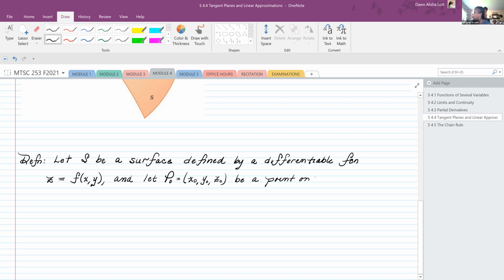I don't know why I said on, it should be in. And this should only be x naught, y naught, not z naught. So P naught is in the domain of f.